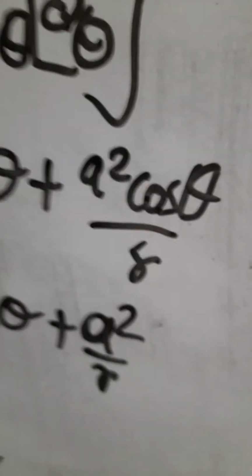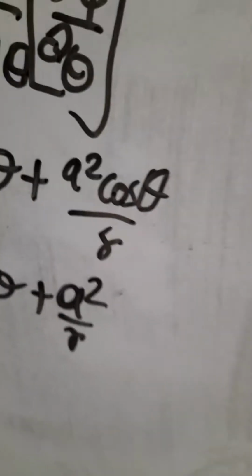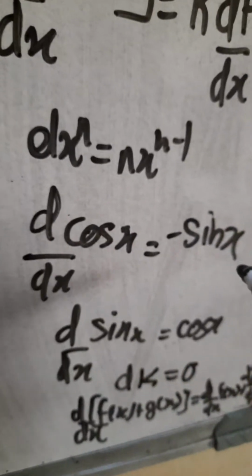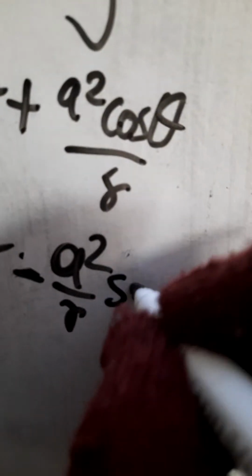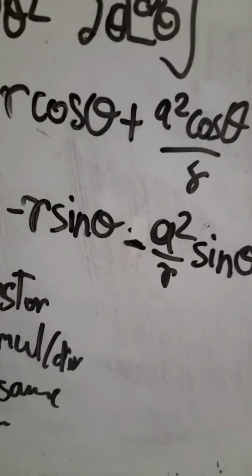So a square by r is taken out, and the derivative of cos theta is minus sin theta, so minus times minus... minus into this plus is minus, minus sin theta here, and we are done.